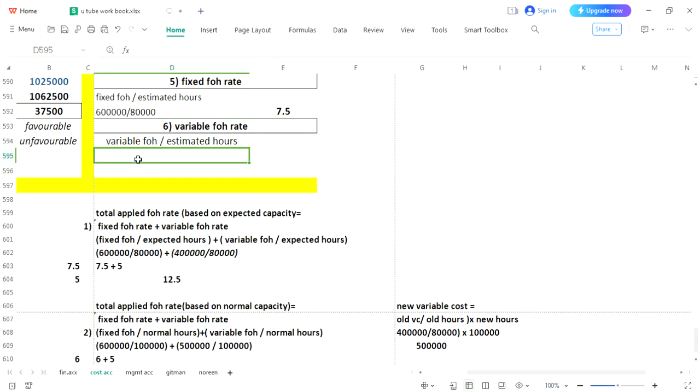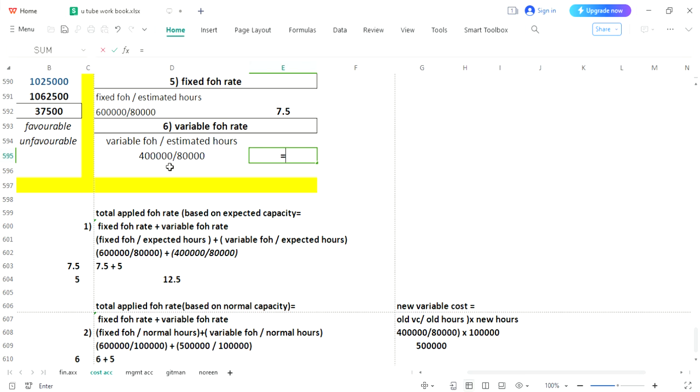In the similar way, variable FH was supposed to be divided by estimated hours. Variable FH was 4 lakh and estimated hours were 80,000. Put it on your calculator, 4 lakh divided by 80,000. So you have got your answer, variable FH rate.